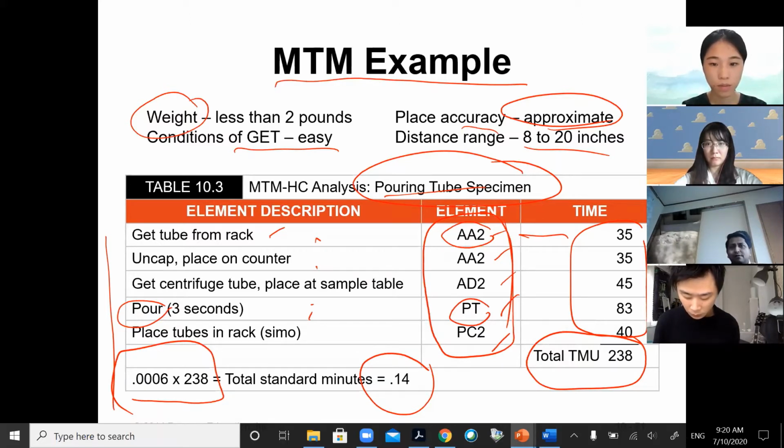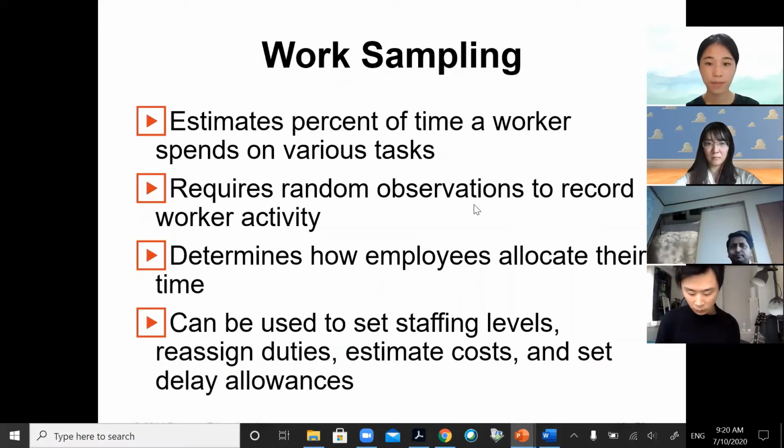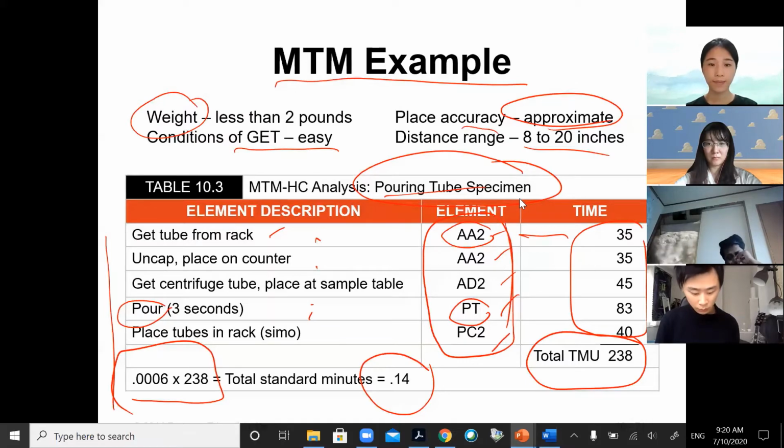The components are there. Pick up, place, tighten. You determine the flow elements and get the TMUs, and you can establish the time standard. You're not going to do it, but the engineers will do it, or the experts on MTM.